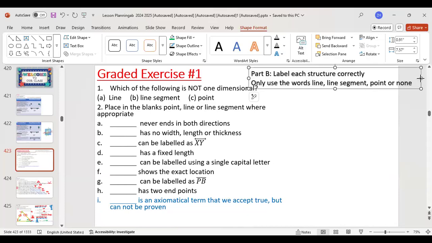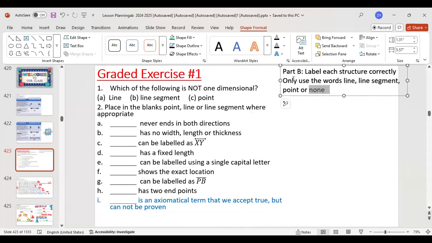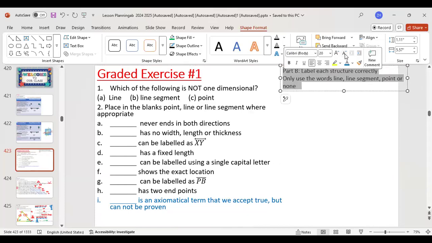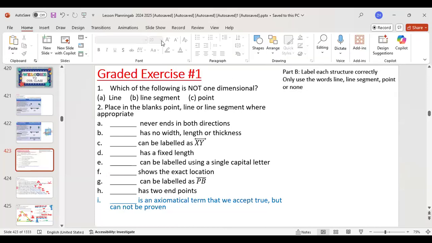None means that it's none of the three, all right? That's the only words you're allowed to use. You can't use anything else. I don't want to know the exact shape of these things. I just want to know line, line segment, or none.